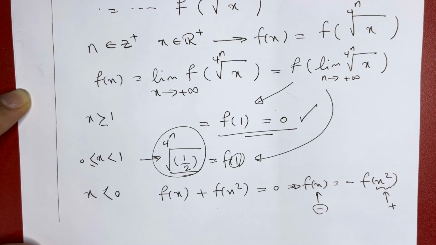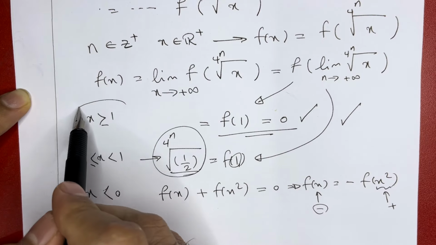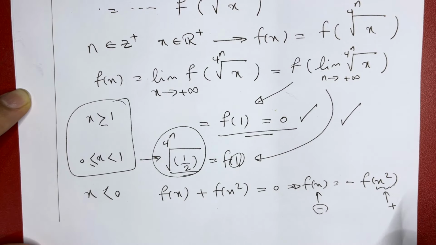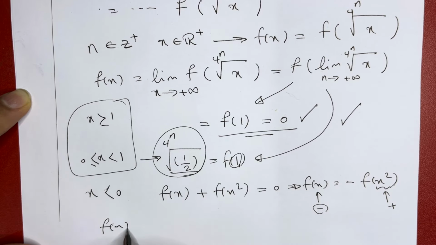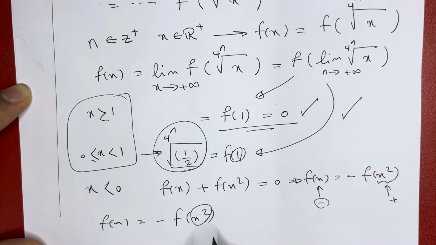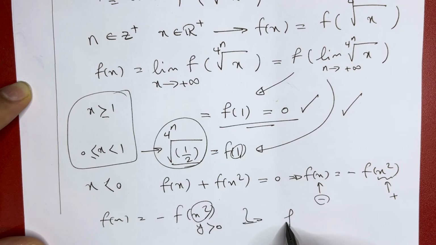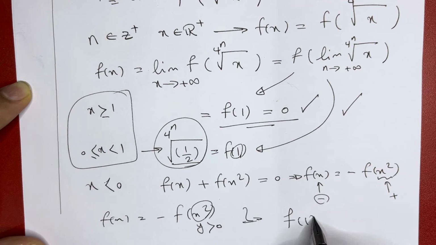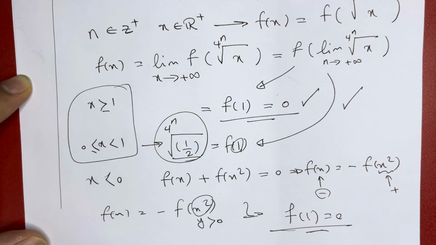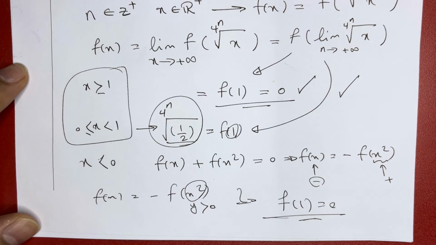That means you can repeat exactly the same scenario as for positive x. So instead of f of x, you just put minus f of x squared, where x squared is like a new variable y, which is positive. Then this scenario is going to be true. That means for sure the function will be f of 1, and it's going to be equal to 0.